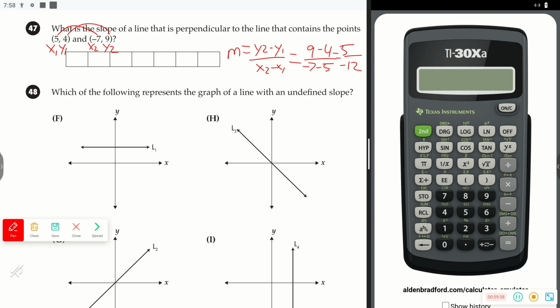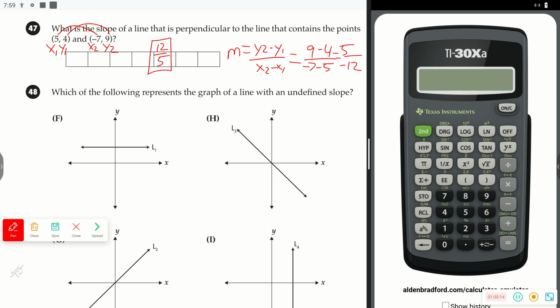So the opposite reciprocal of that is going to be a positive 12 divided by 5.